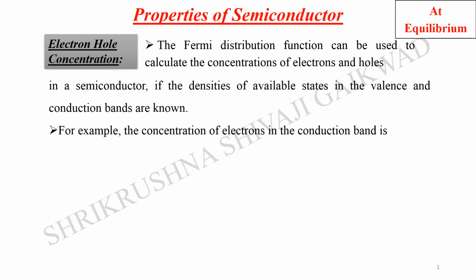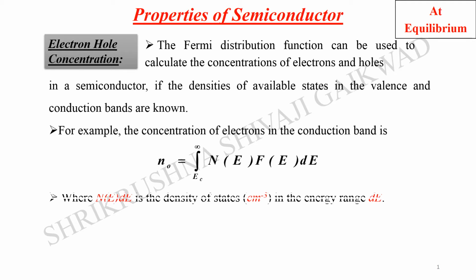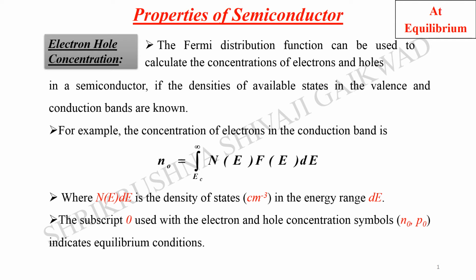For example, consider the concentration of electrons in the conduction band, which we have already seen: n0 is equal to the integral from EC to infinity of N(E) f(E) dE, the integration over a small energy range dE. Here N(E) dE is the density of states per cubic centimeter in the energy range dE.